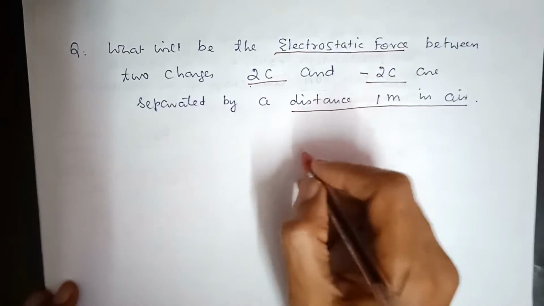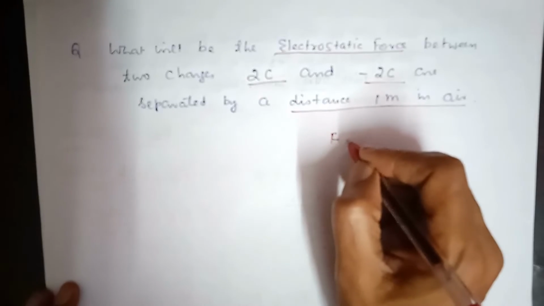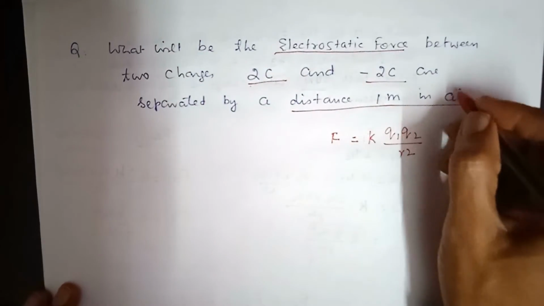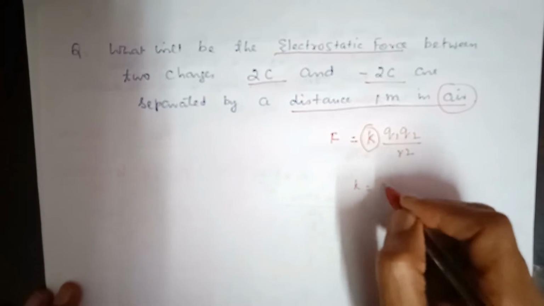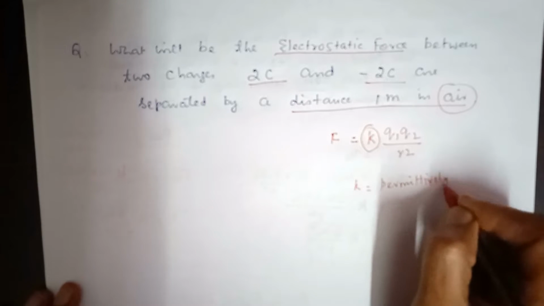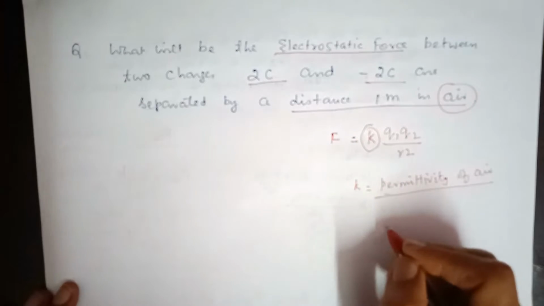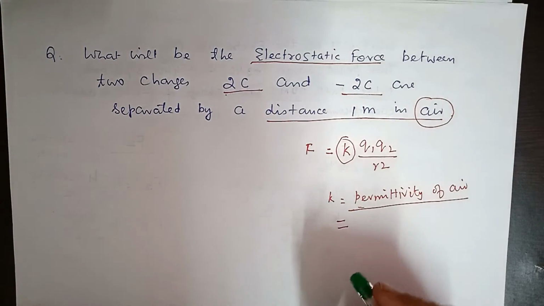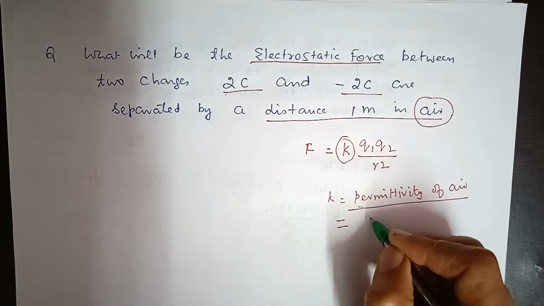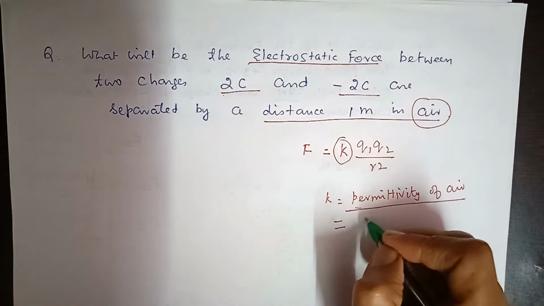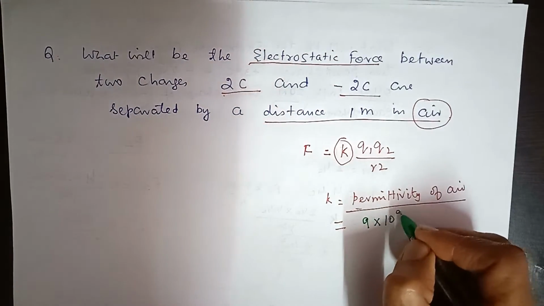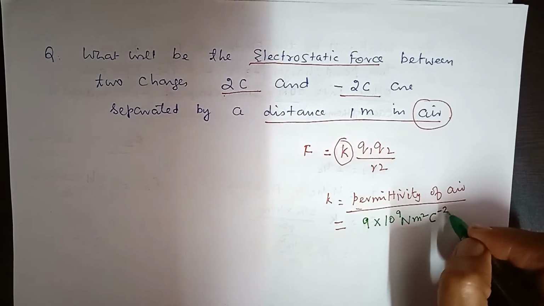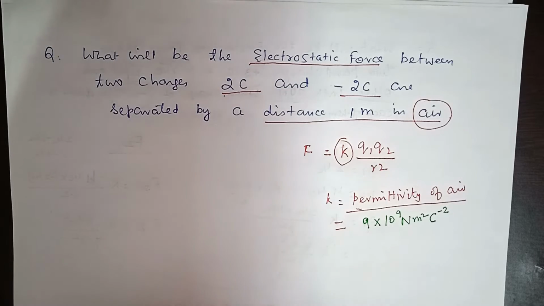See, in air F is equal to K Q1 Q2 by R square, and K is the permittivity of air, and its value in air is equal to 9 into 10 raised to the power 9 Newton meter square per Coulomb square.